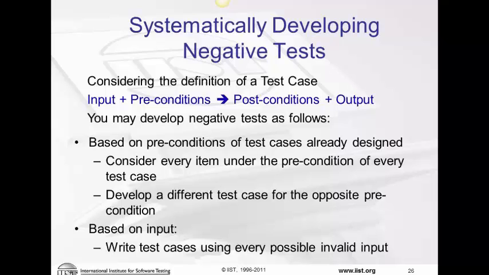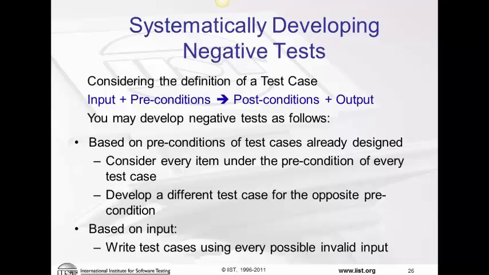We already said we're going to separate positive scenarios from negative scenarios. We're going to use negative scenarios to write test cases. Of course, the test cases you write for negative scenarios are negative test cases. How about positive scenarios? Of course, you're going to use the positive scenarios to write test cases. And the test cases you write from a positive scenario are positive test cases.